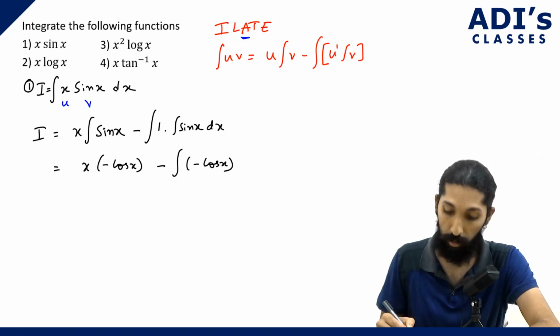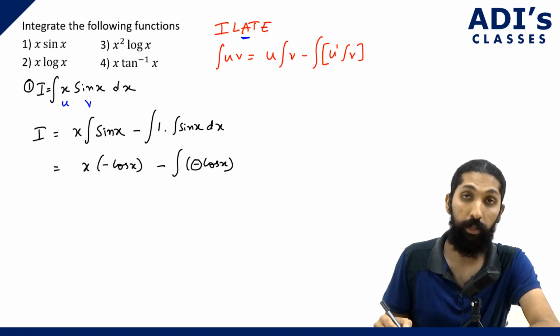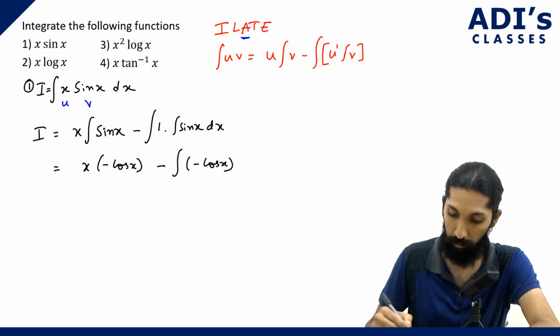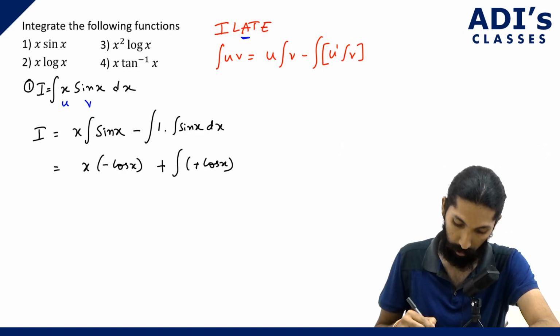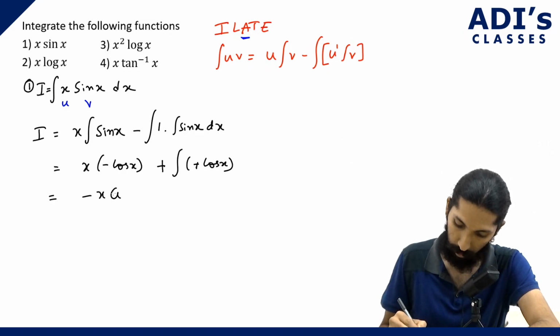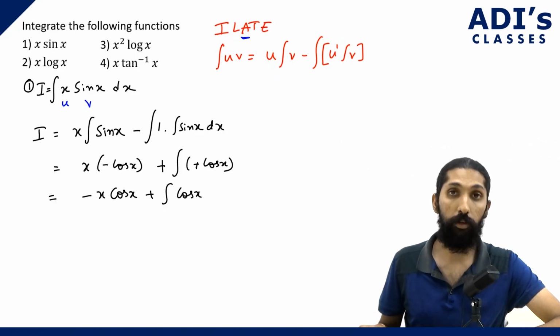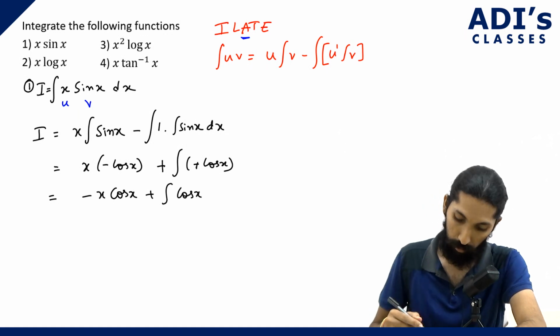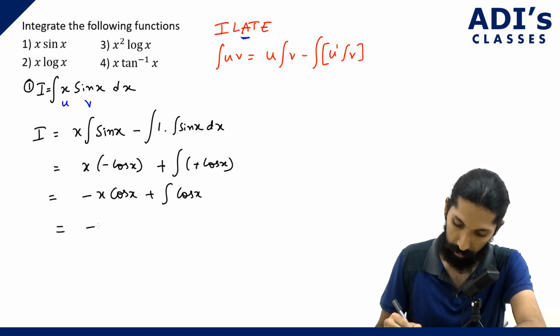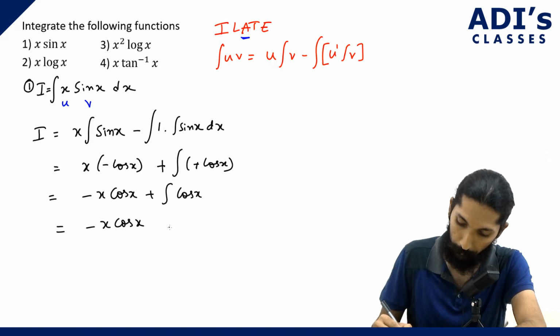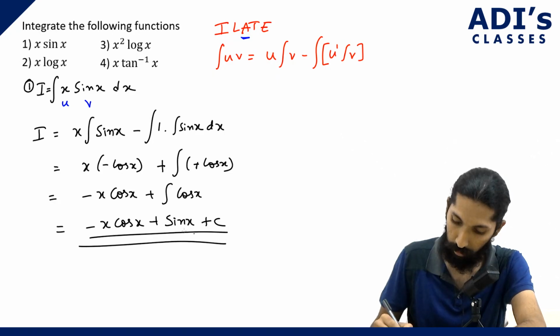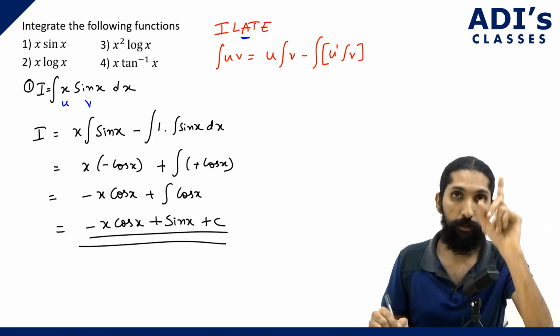See, this minus sign, if you take it outside the integral, then we can say that this is going to become plus, right? So we have minus x cos x plus the integral of cos x. Now, what is the integral of cos x? Sin x. So we are going to have minus x cos x plus sin x plus c. This is the answer for the first question.